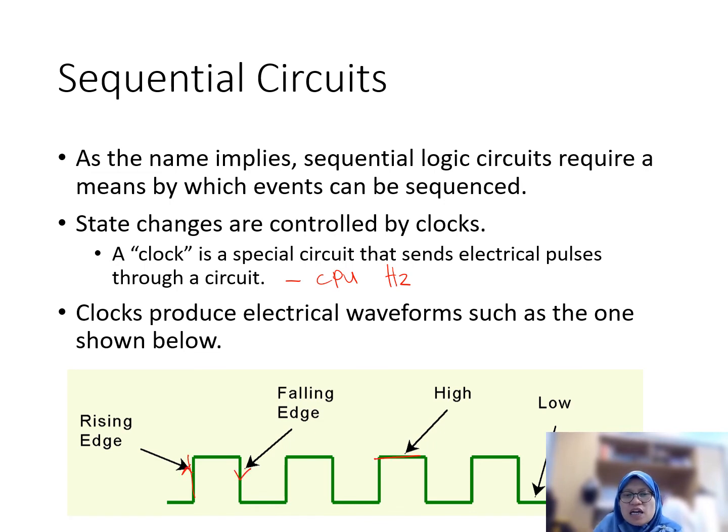This is high and this is low. So this clock produces an electrical waveform like a cycle: one cycle, two cycles, three cycles, four cycles, like that.